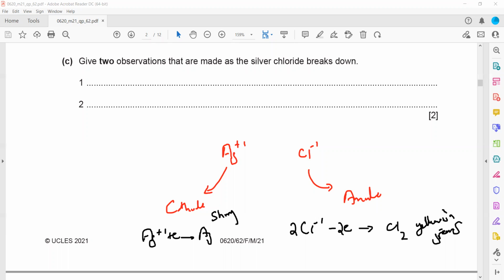So the two observations are a shiny solid and a yellowish green gas, because chlorine is yellowish green.